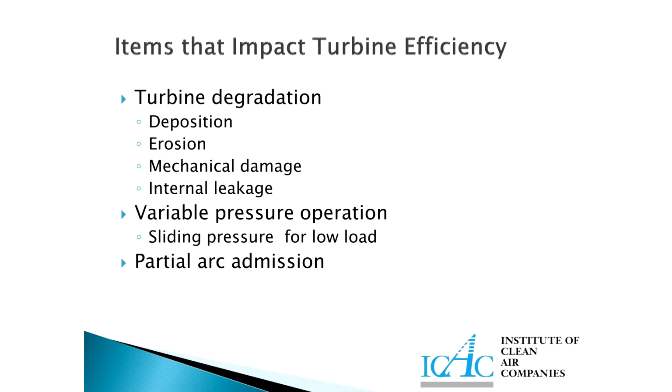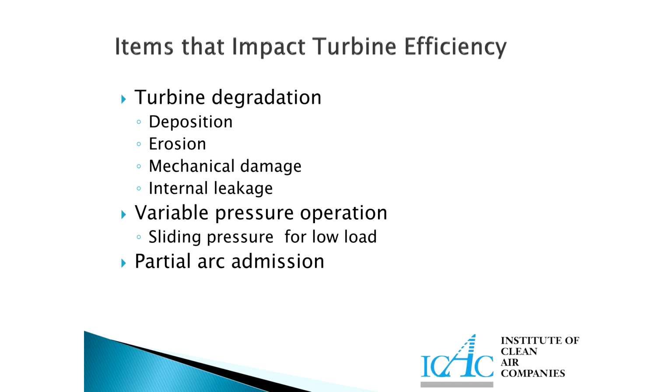One is deposition. The water has minerals, and the power plants go to extensive efforts to demineralize the water, but they still get small amounts of minerals, and those deposit on the blades, and that throws the aerodynamics of the turbine blades off, and that basically creates some friction loss.